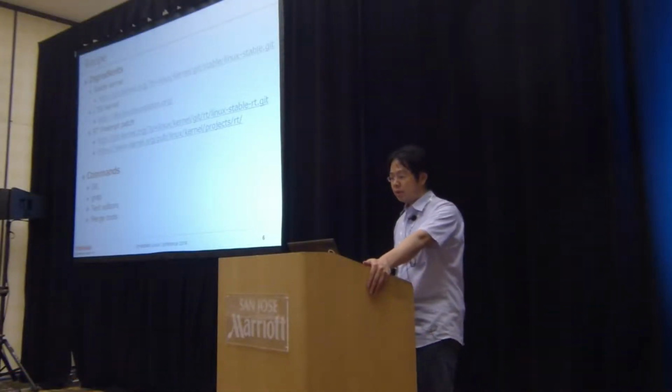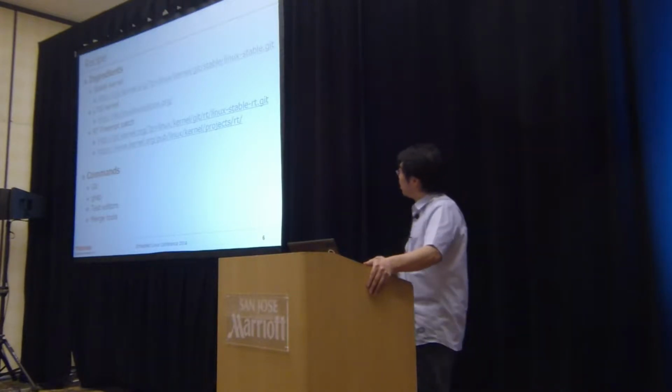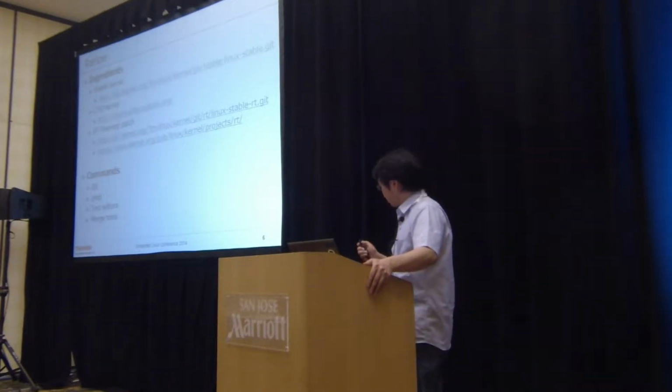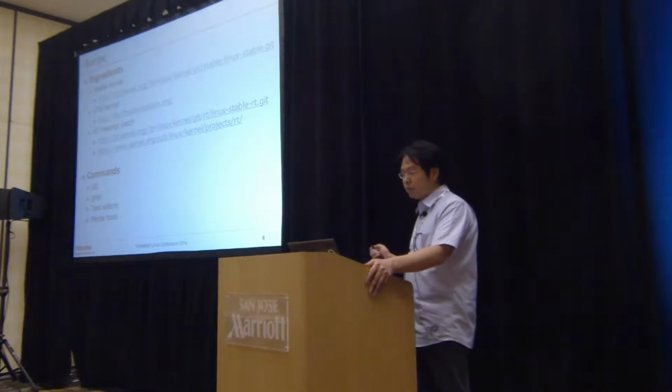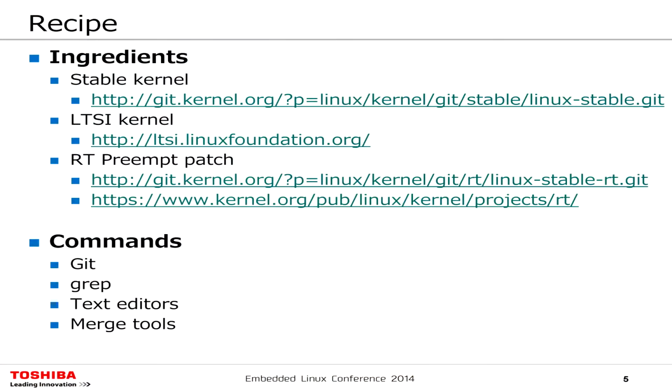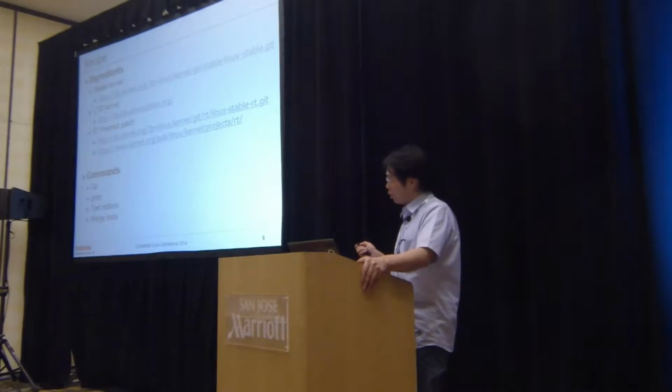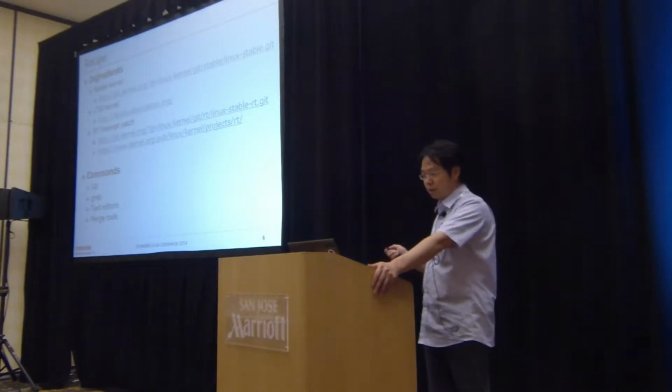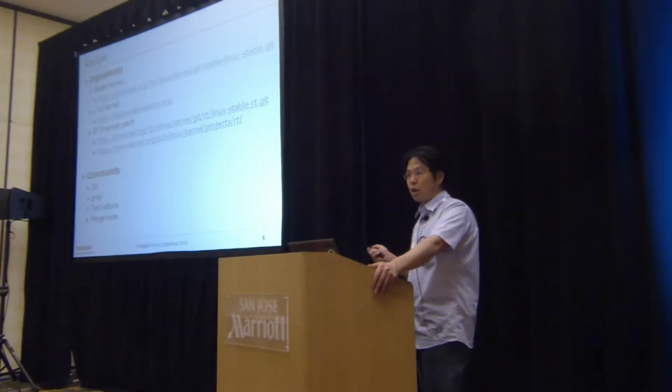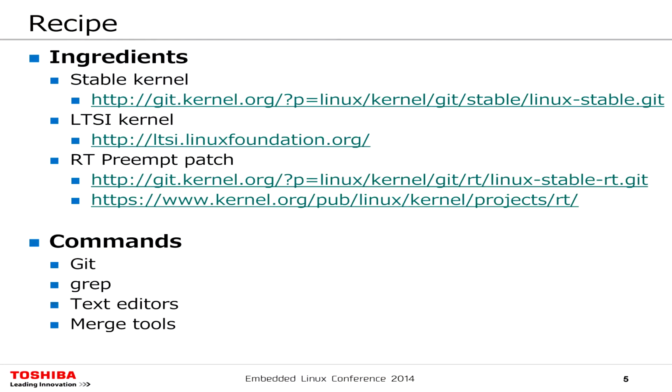So first, the recipe. Of course, this is the LTSI-RT kernel, and LTSI kernels are based on stable kernels. So we need a stable kernel at first, then the LTSI kernel patch tree. Both trees are available on the web, and of course we also need the RT preemption patch.